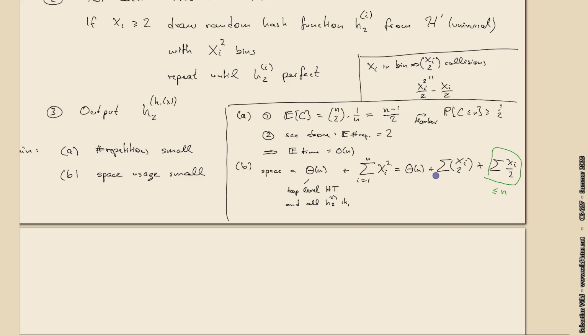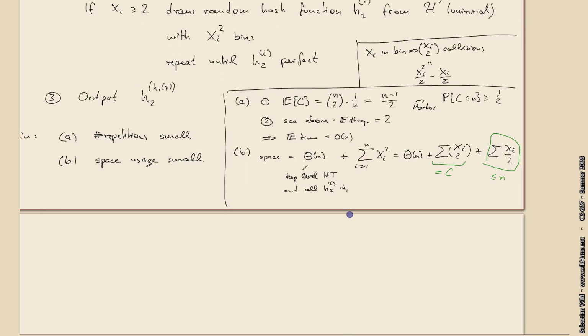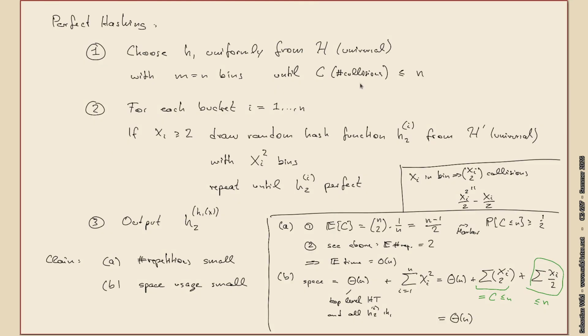This is exactly our C. And C we assumed was bounded by n as well. So in total, the overall space is theta n. And that just follows from the construction. The random part was just the time. So in a way, it's a Las Vegas algorithm with respect to how much space it uses. That's always fixed. And the running time, because of the repetition, is random.